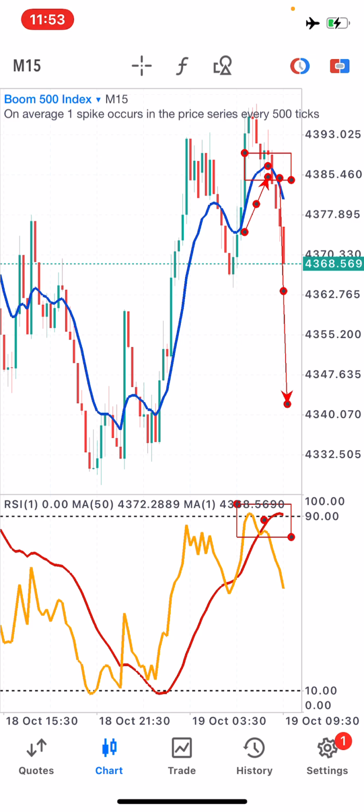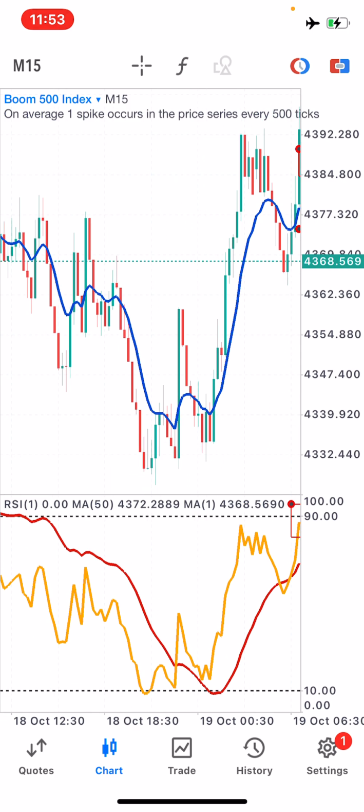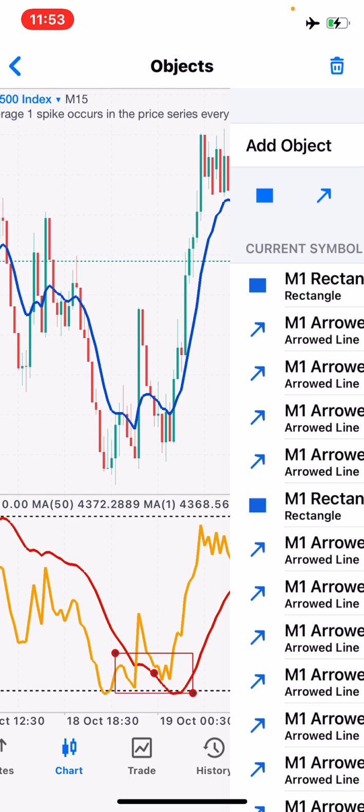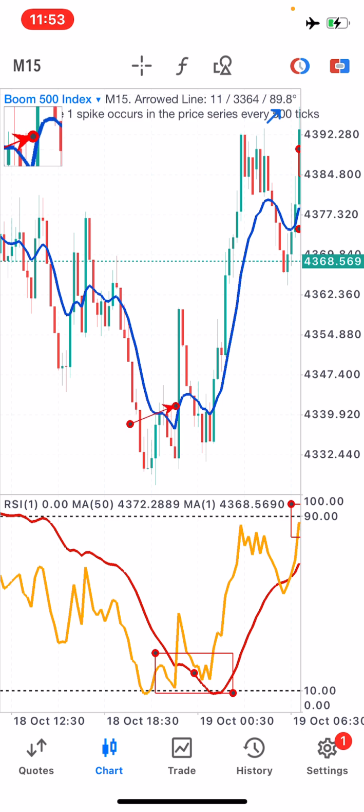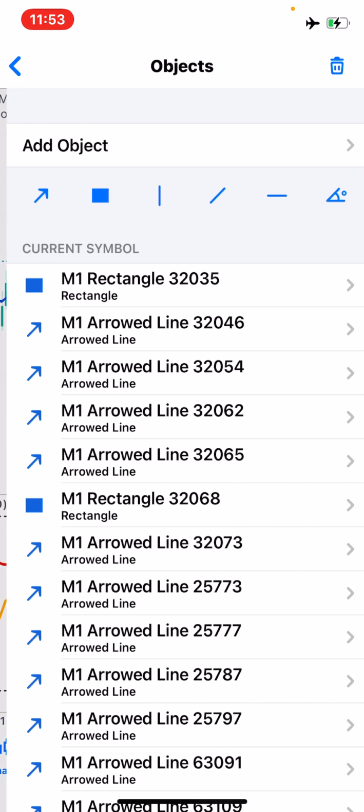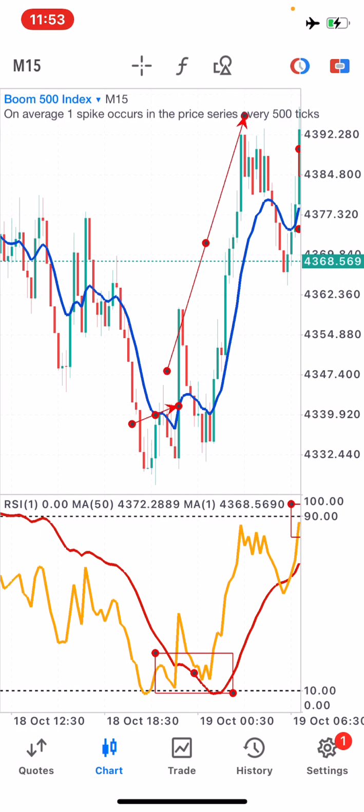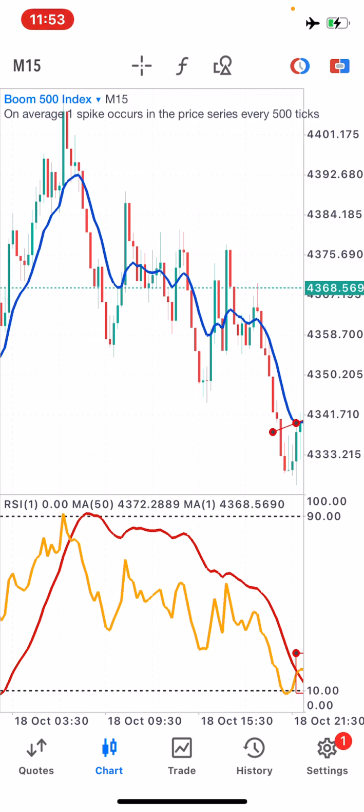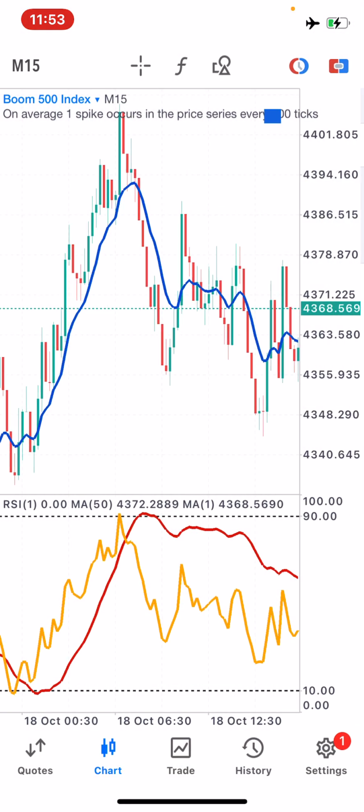The same thing, even if you want to enter a buy trade, you're going to look for this and the cross, and also when price crosses to be above that moving average, and as you can see, the market pushed all the way up. Same thing happened here.